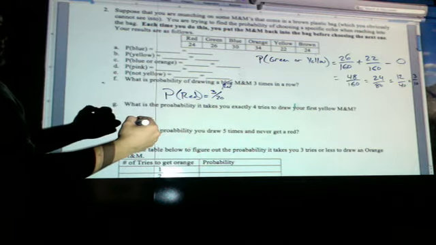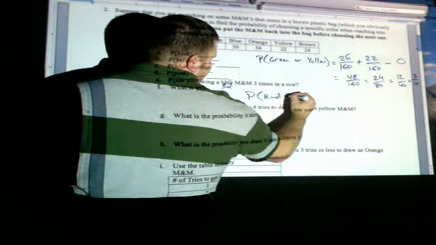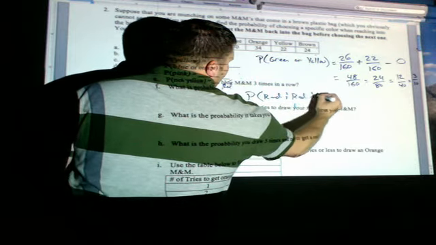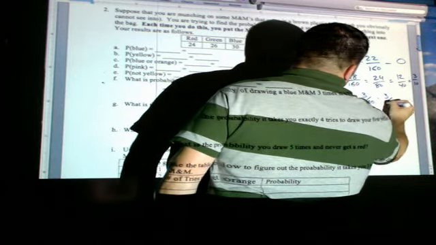So the probability of getting red 3 times in a row, that means the probability of red and red and red. So to find this, we do 3 over 20 times 3 over 20 times 3 over 20.